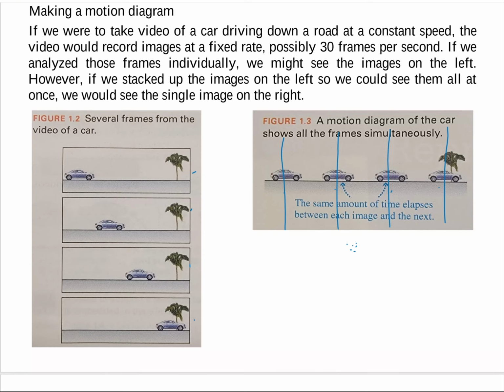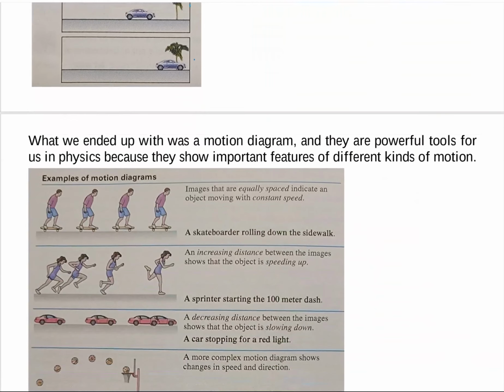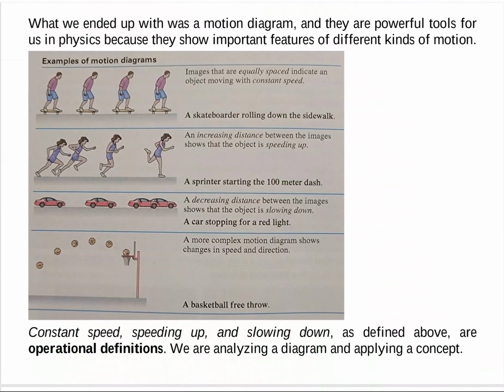So what we end up with is a motion diagram. Motion diagrams can be represented very simply, just by showing the important features of the diagram.